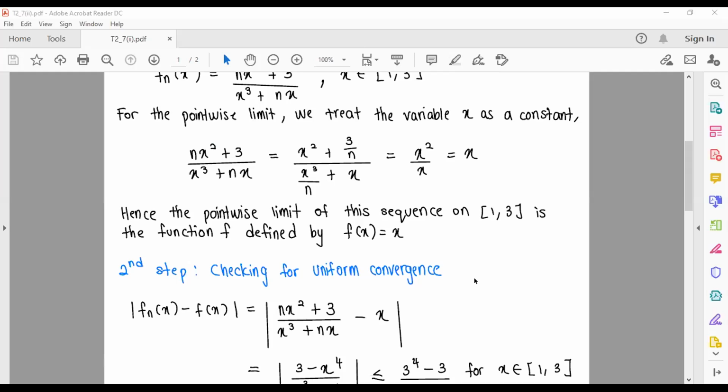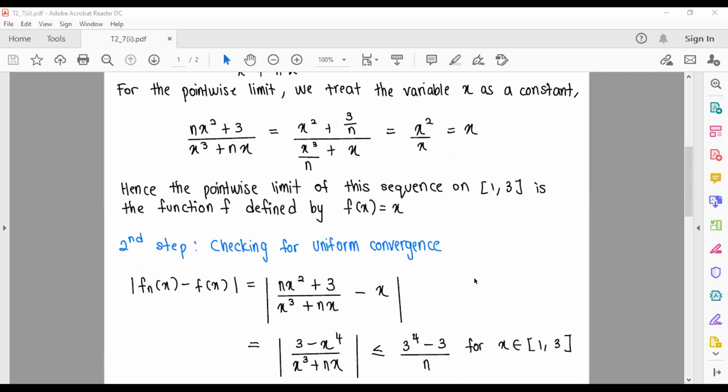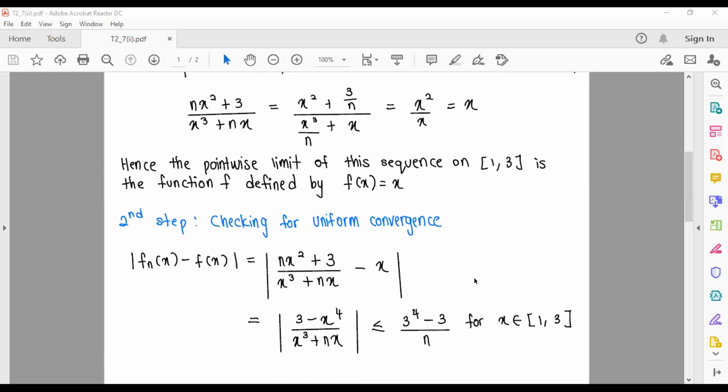But you treat your x as a constant, right?